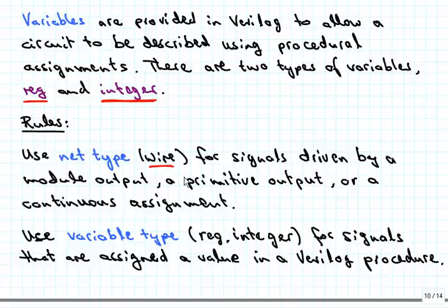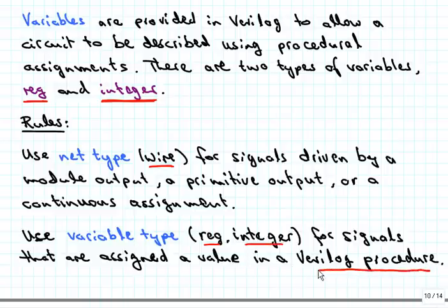A primitive is something like an AND gate, an OR gate, a NOT gate, and so forth, or by a continuous assignment, which are the assignments of the type assign f equal to, and then some Boolean expression, for example. And variable type we use, which could be register or integer type, we use for signals that are assigned a value in a Verilog procedure.